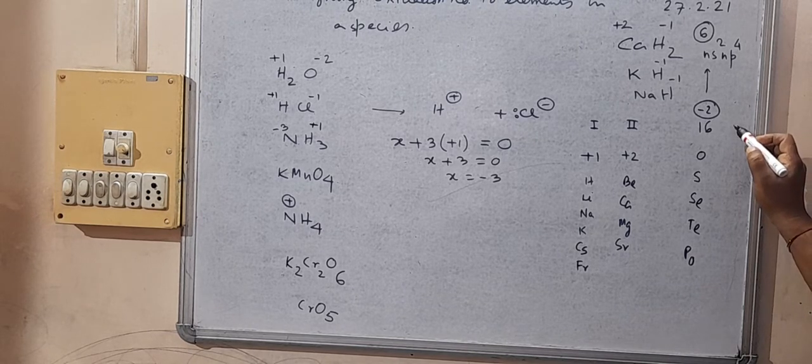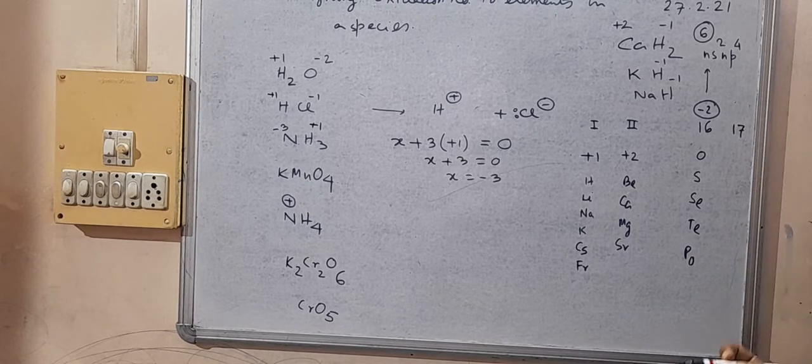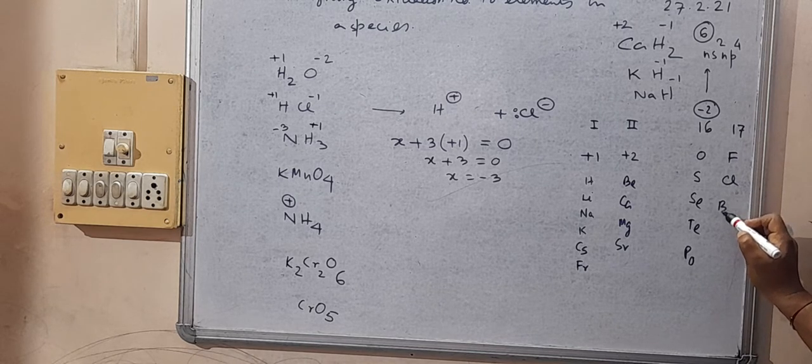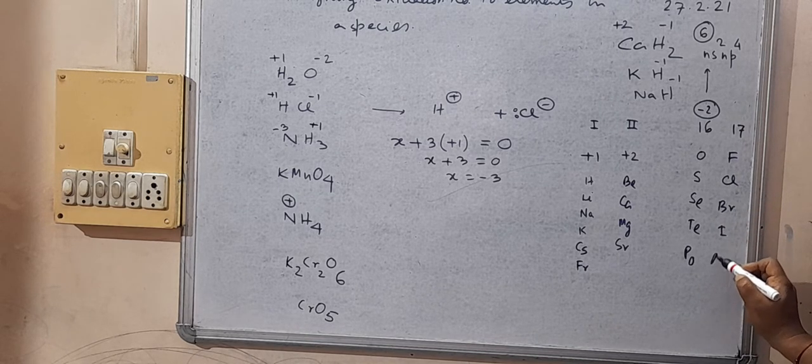Similarly, you can now say group 17 elements, where we have fluorine, chlorine, bromine, iodine, and astatine.